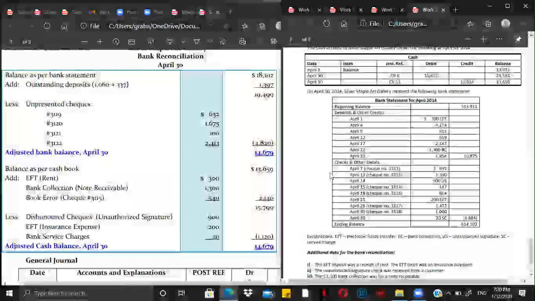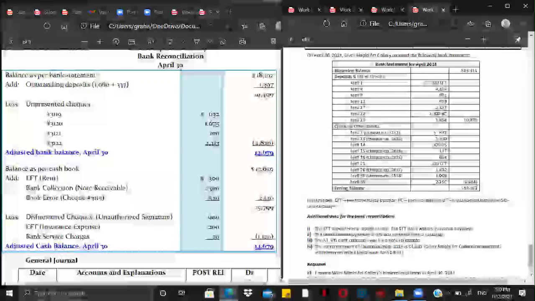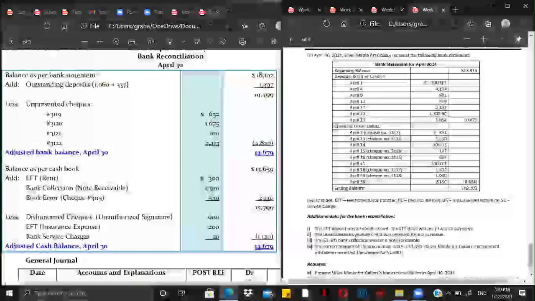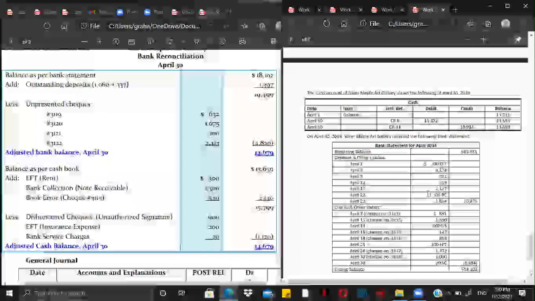So you receive $1,300 in your bank statement, and this did not show up on our cash book. And we can check on the receipt side as well, there's no $1,300. So obviously, this was not recorded in our cash book.